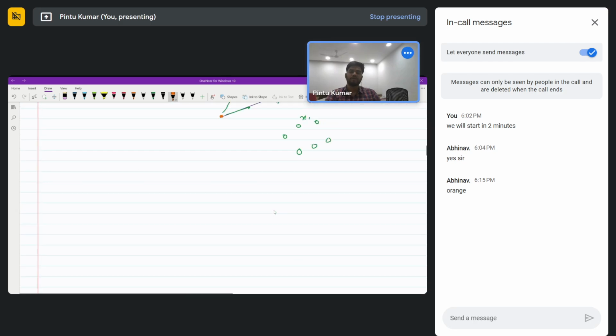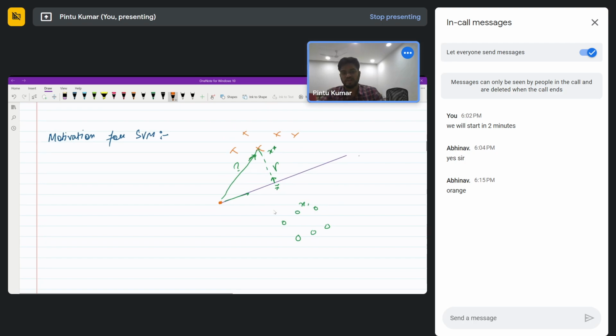Now I'm going to try to derive this SVM.